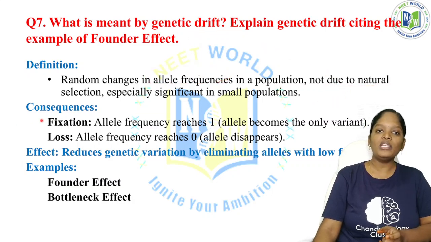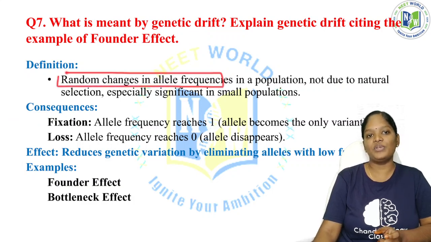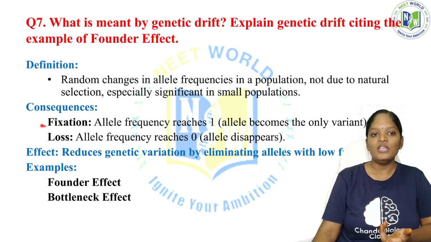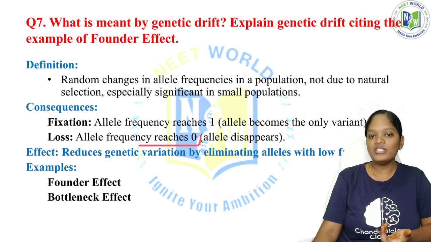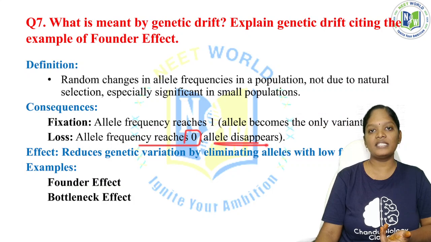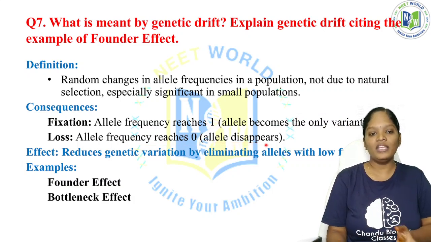What are the consequences of these changes in allele frequencies? That is fixation and loss. When the allele frequency reaches 1, the allele becomes the only variant. When it reaches 0, the allele disappears. It may fix, it may be lost; either can happen.